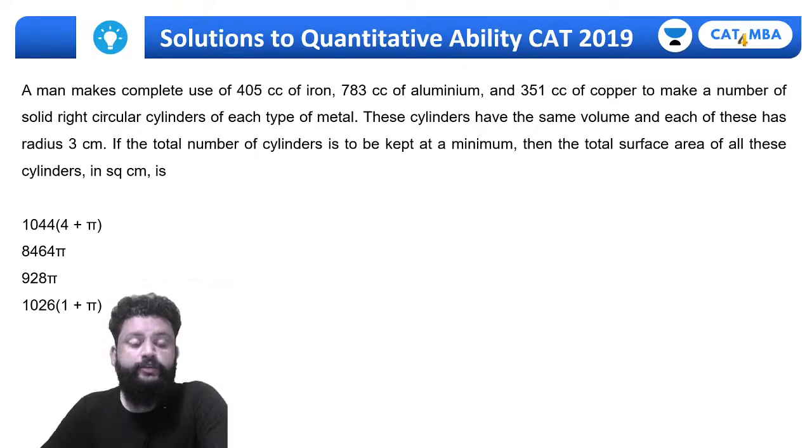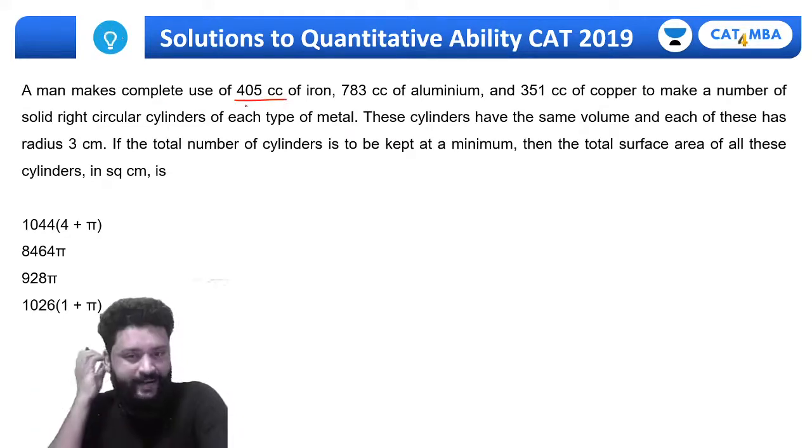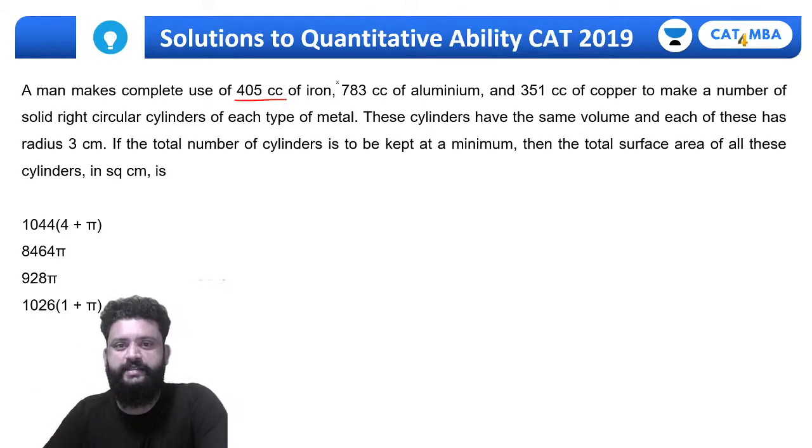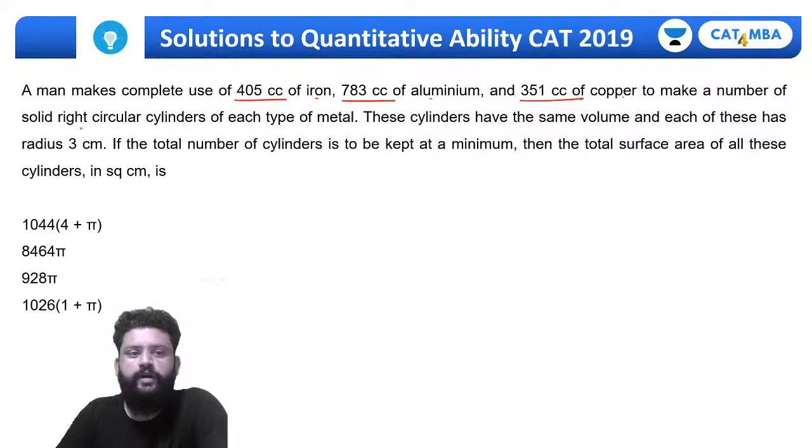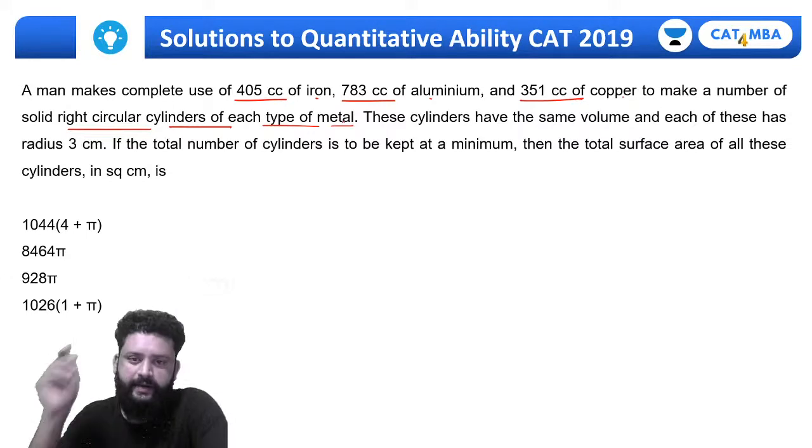Okay, so let me tell you, a man makes a complete use of 405 cc, that is centimeter cube. Then this is 783. These are the volume of iron, aluminum and copper to make a number of solid right circular cylinder of each type of metal.